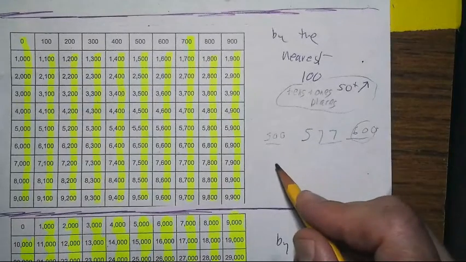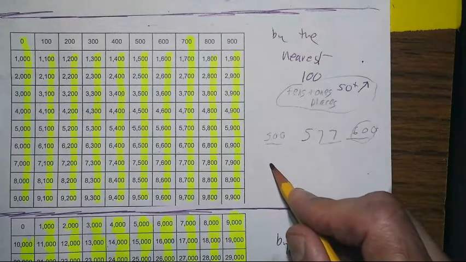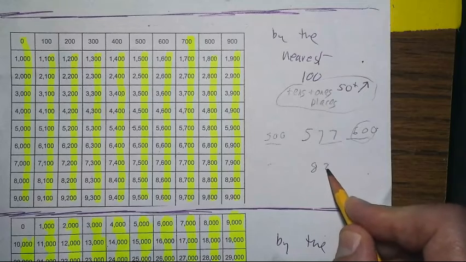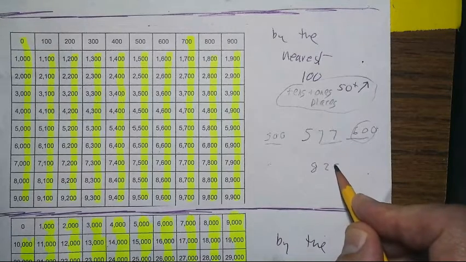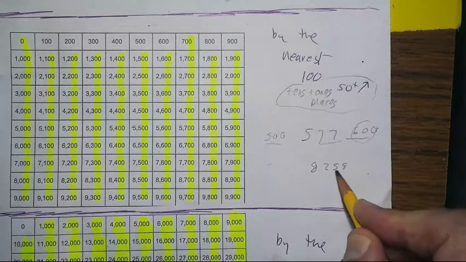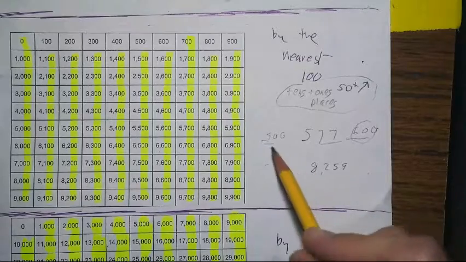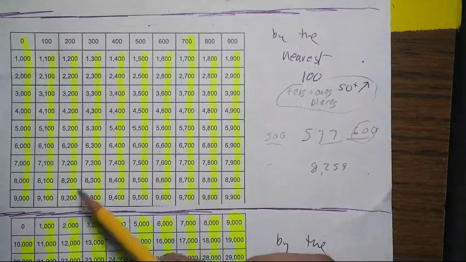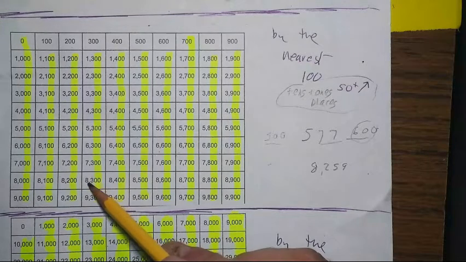Now, if we go into the thousands, let's do 8,259. Now, if I look at my chart here, 8,259: 8,000, 8,100, 8,200, 8,300.